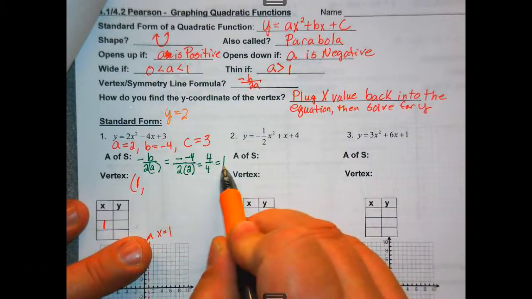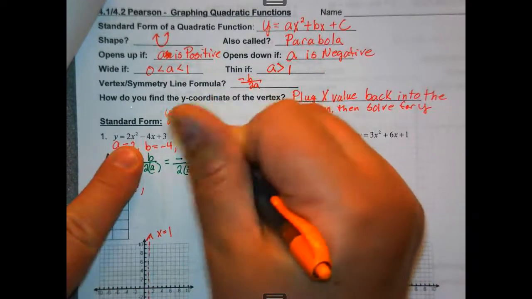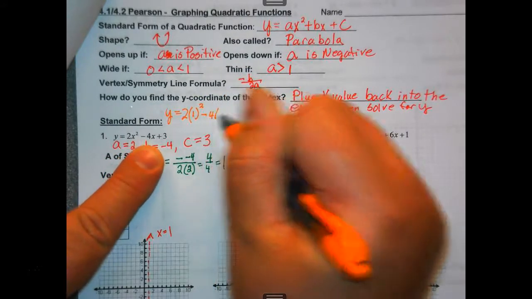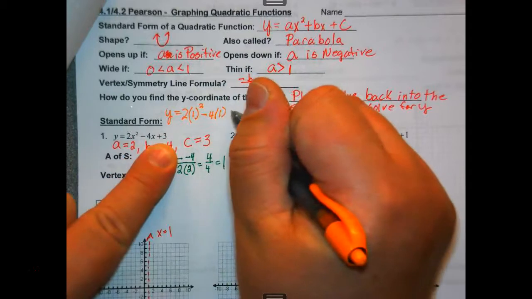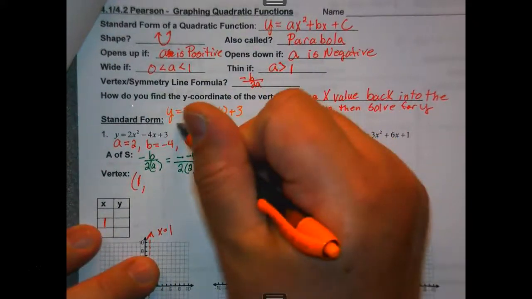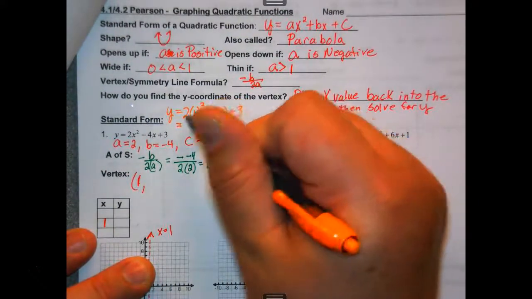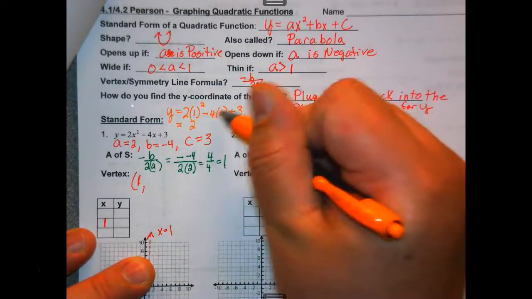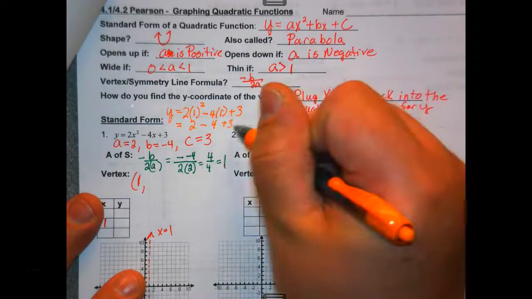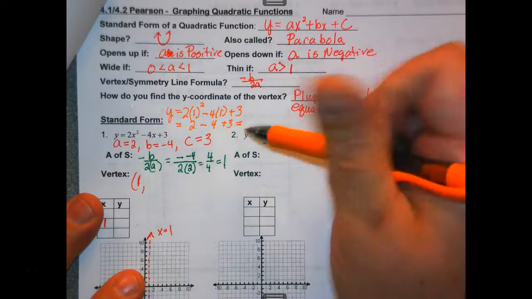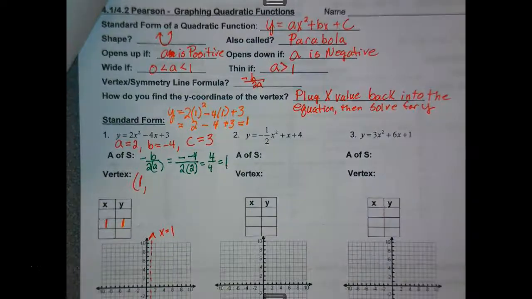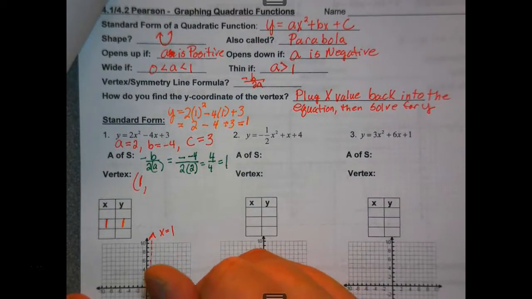I'm going to plug in my x, which is 1. 1 squared is 1 times 2 is 2. 4 times 1 is 4, so minus 4 plus 3. So what's my y value? 1. Okay, so my vertex is 1 comma 1.